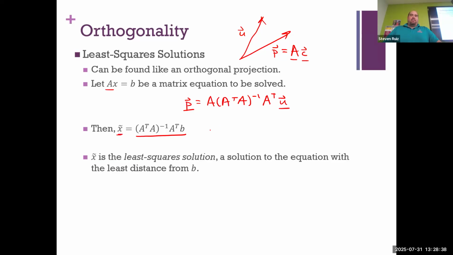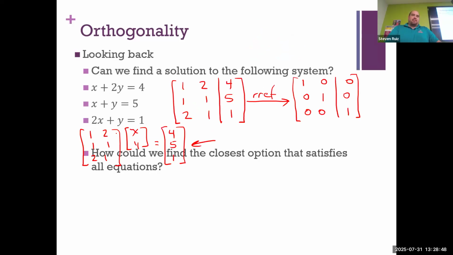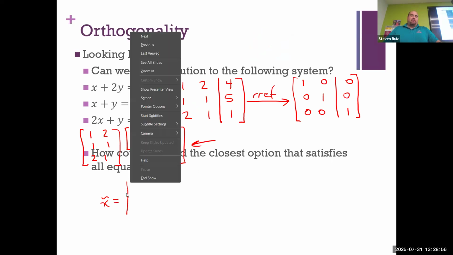But now what are we trying to find? This x tilde right here, what kinds of things live in this x tilde? I'm going to look back at this previous slide as an example. The thing I want to find is this x tilde. What will be in there?